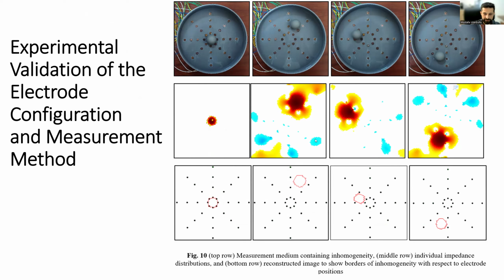Although the resulting reconstructed images provided a preliminary visualization of impedance variations and the approximate locations of the inhomogeneity within the phantom, further image processing was essential for clearer delineation of the boundaries and more accurate localization of the detected anomaly relative to the electrode configuration.